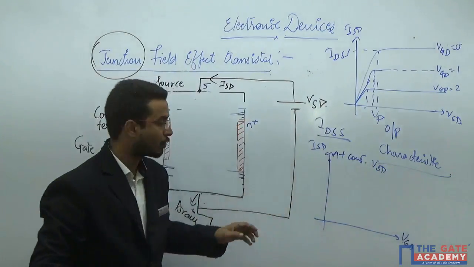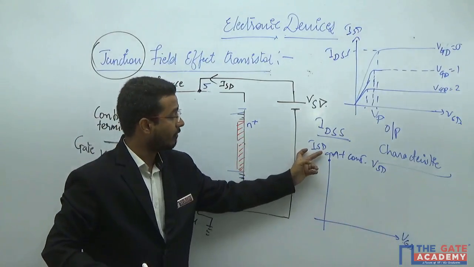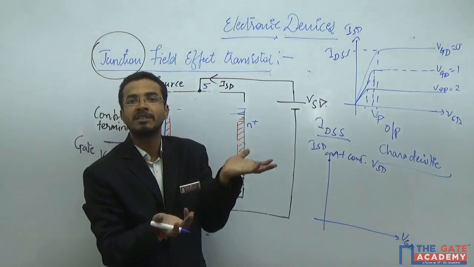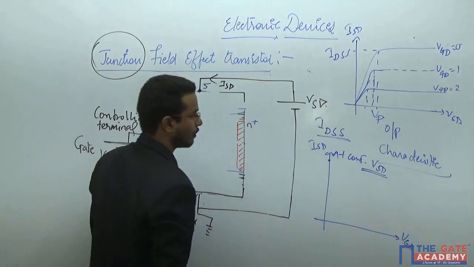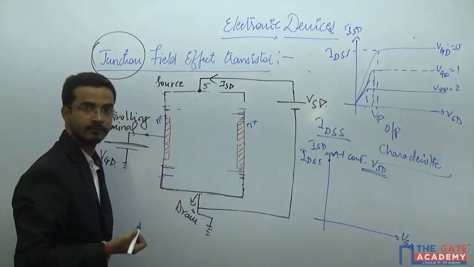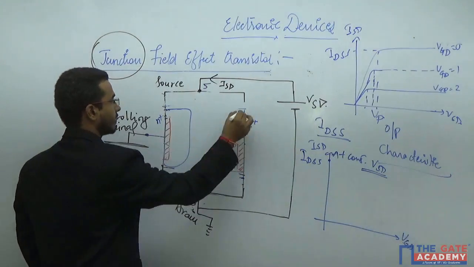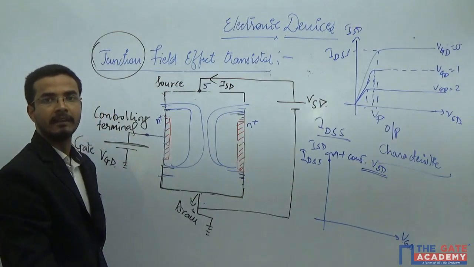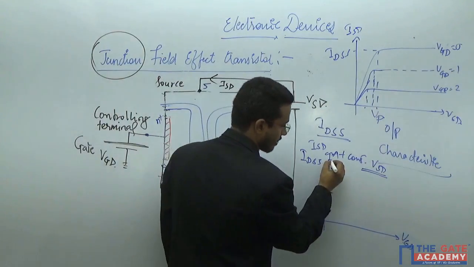You do not have to think that you are applying only these two. You are studying the behavior of the current with respect to this under a certain voltage of the VSD, because if the VSD is missing, you will not get any current. So at any particular VSD, if VGD is 0, the current will be maximum, known as IDSS. And as you increase this VGD value, the depletion region on this side will keep on increasing, due to which the current will keep on decreasing, because the available width will keep on decreasing, and you will get the current towards 0.